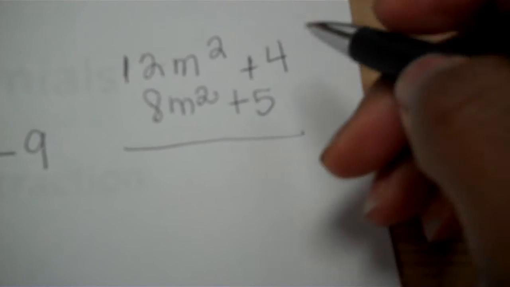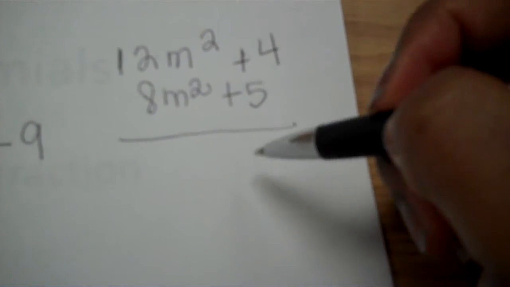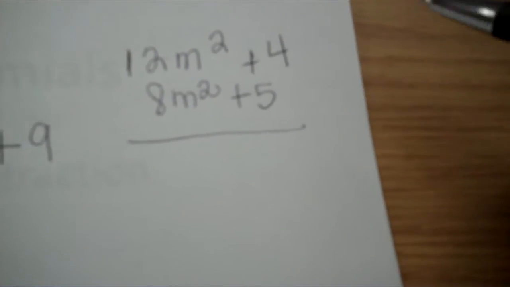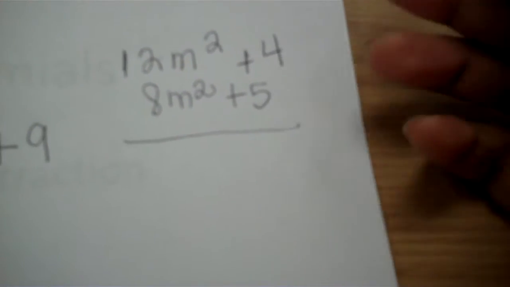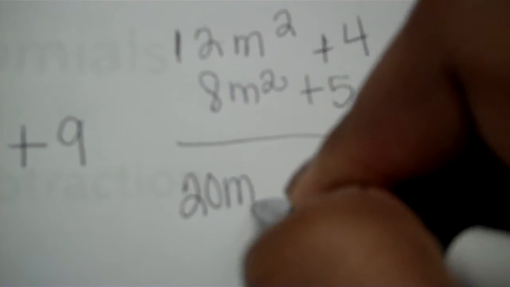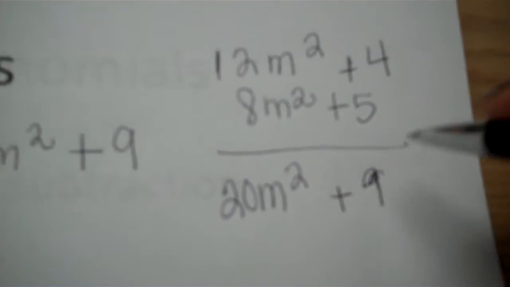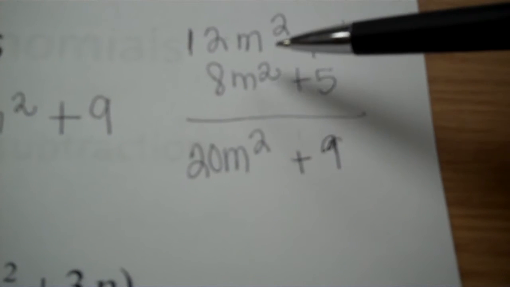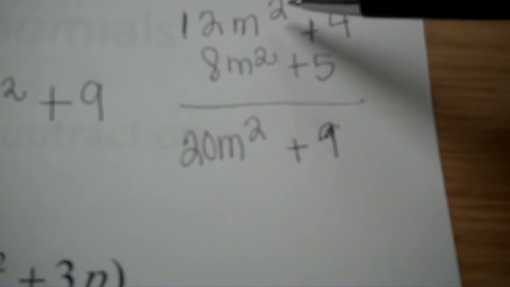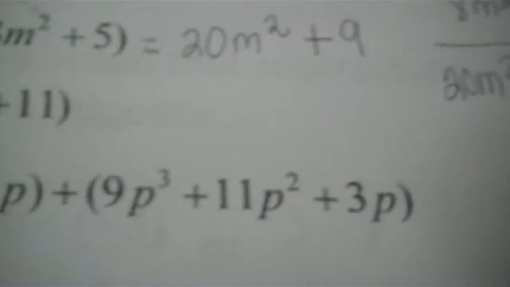I'm going to add on top and bottom because I've lined all the like terms together. So 4 plus 5 is 9. 12 plus 8 is 20m squared. Now remember, our exponent rules are only when we're multiplying and dividing, so we do not need to do anything with these exponents because we're simply adding these two terms together.